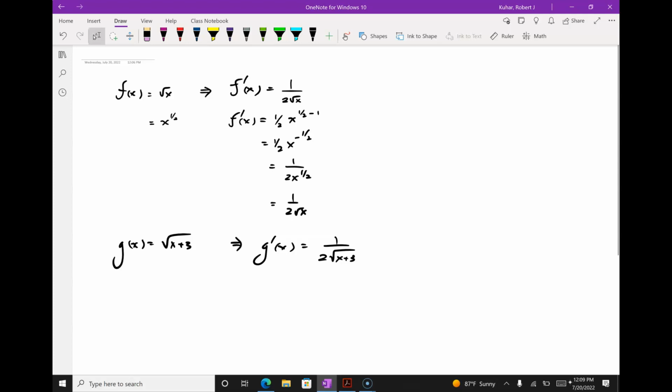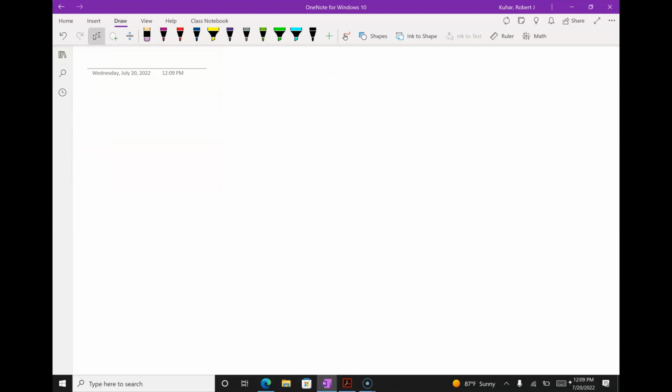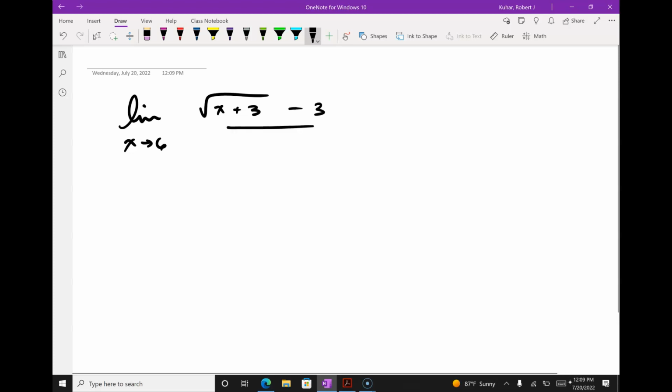Okay, so let's take a look at a L'Hopital problem. Let's look at the limit as x goes to 6 of the square root of x plus 3 minus 3, all over x minus 6.